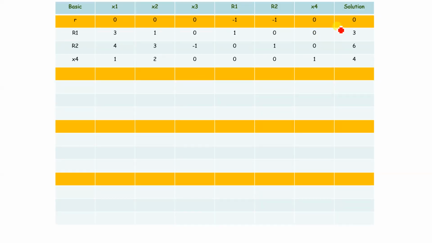This is the tableau, but again we can see that r is equal to r1 plus r2. R1 here is 3 initially and R2 is 6, and this makes R equal to 3 plus 6, which is equal to 9. But in this case we have a zero solution. It means this objective function row is not consistent with these initial basic variables, so we have to make the system consistent, and for this we have to substitute R1 and R2 out of this objective function.